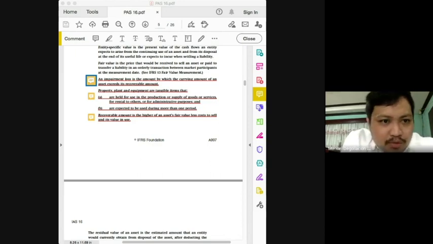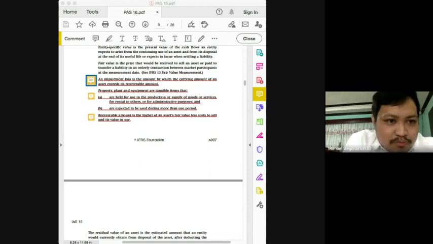That's the first important part of the definition of your property, plant, and equipment. Second is that they must be held for use in the production or supply of goods or services. So letter A here, class, is basically telling us the purpose. It should be used in production, for rental, or for administrative purposes. Going back to biological assets, as I have told you, a plant or an animal may be classified as either biological asset or PPE depending upon its use.